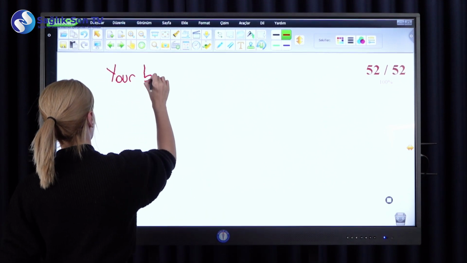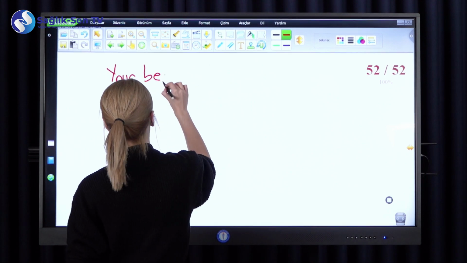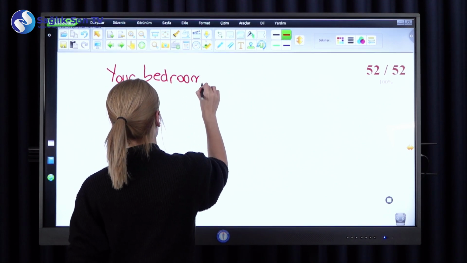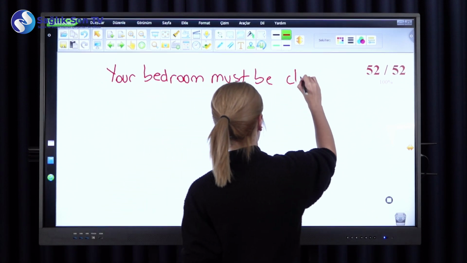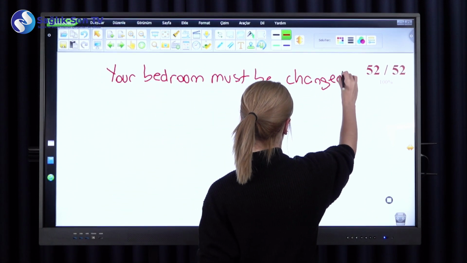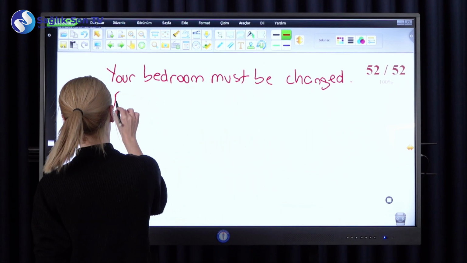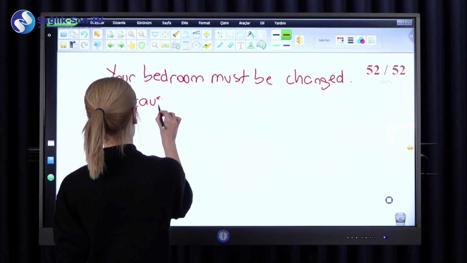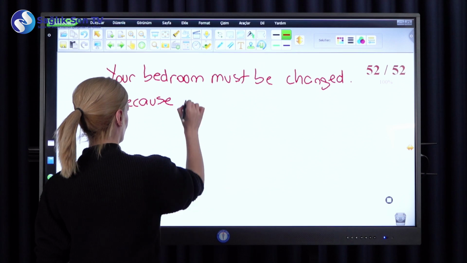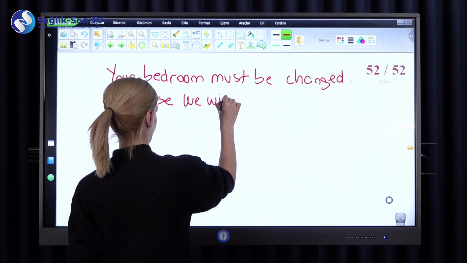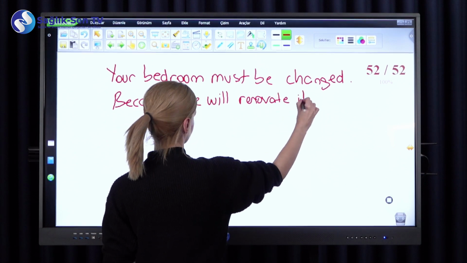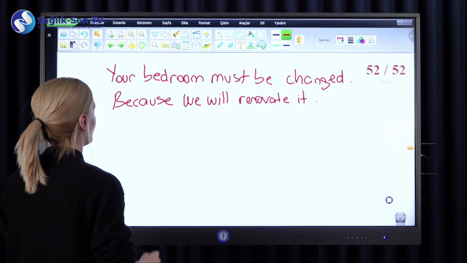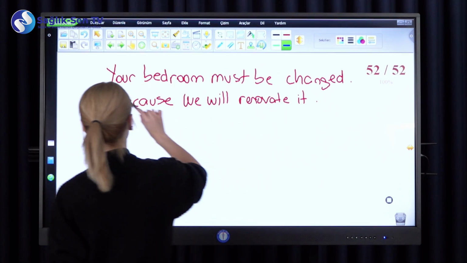Your bedroom must be changed because we will renovate it. Now, I have two sentences.